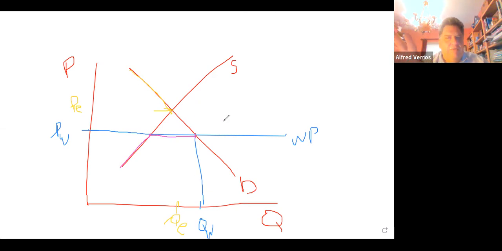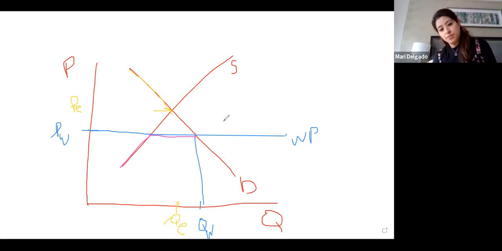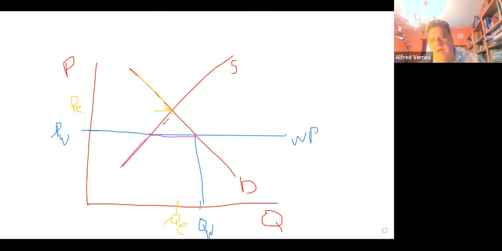Do you understand it so far? Yeah. Good. So then we say that the producers in this area of the supply curve are not going to fare well.